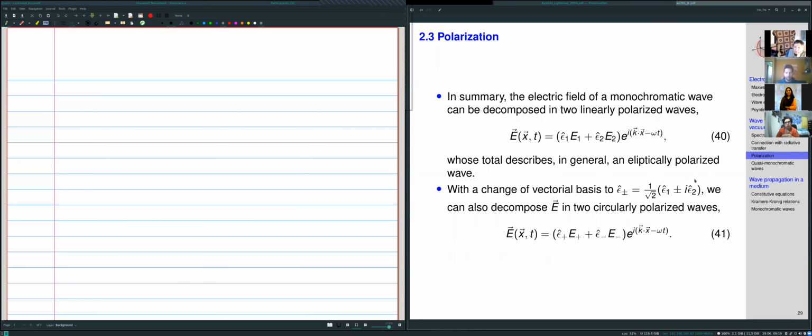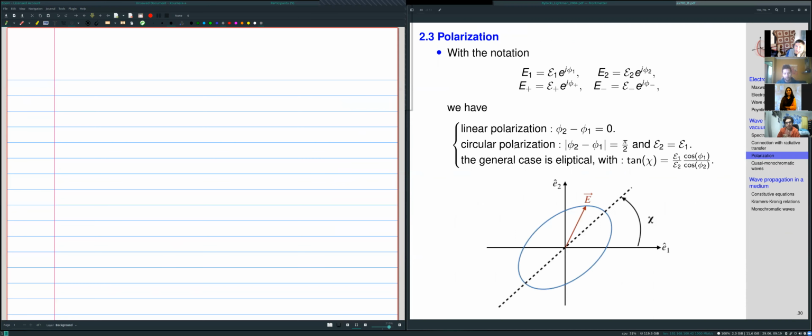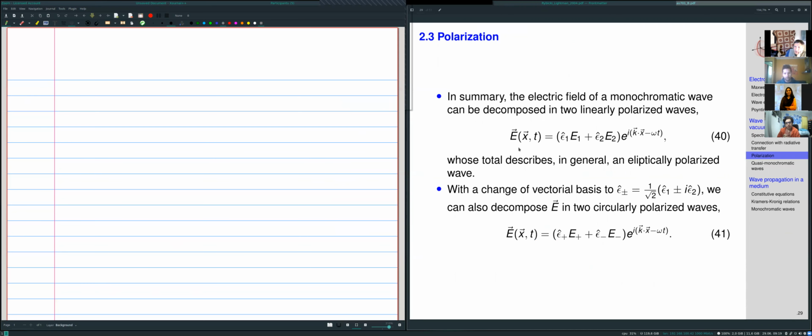In order to calculate the Stokes parameters, we needed to compute products of this type. Go back further. This is the plane wave, a strictly monochromatic wave because E1 and E2 do not depend on time. And these are the components of the electric field along the vectorial basis E1 and E2.